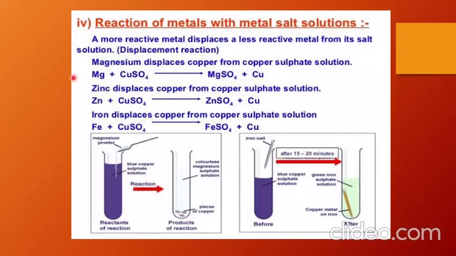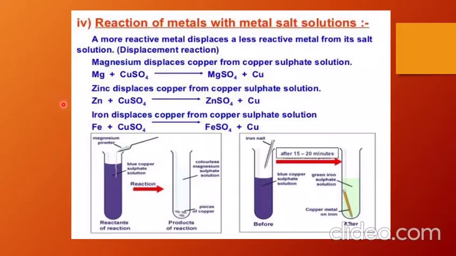Now if the reaction is opposite, if I take copper here and magnesium sulfate here, then there will be no reaction because copper cannot displace magnesium as it is less reactive than magnesium. So we should see first of all what kind of reaction is given.